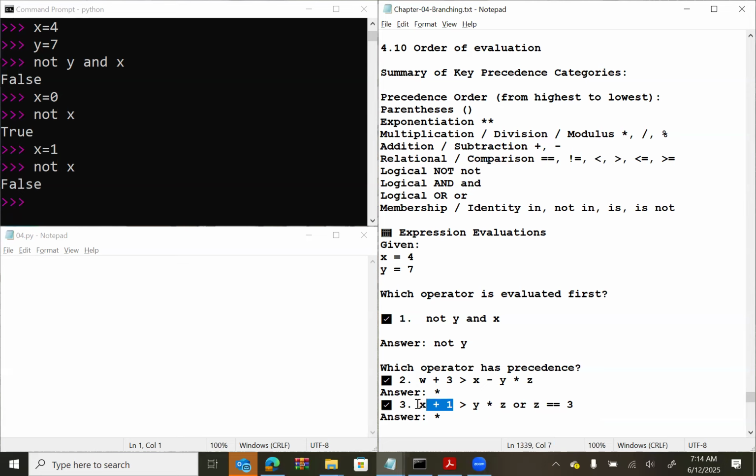Then we'll go for this part. Then we'll go for both, whatever is the answer. And then we'll go for this part, and then we have the OR. So which operator has the precedence? Multiplication has the precedence. In this case, multiplication has the precedence. It will be solved first.